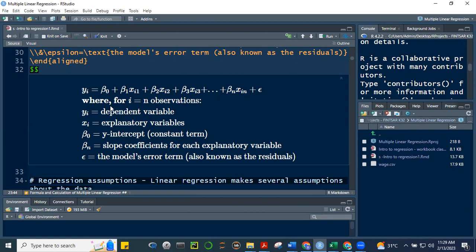Here it specifies that i is equal to the n observations, y sub i is your dependent variable, x sub i is your explanatory variables, beta null is your y-intercept or constant term, beta n is the slope coefficient for each explanatory variable, and epsilon is the model's error term, also known as the residual.